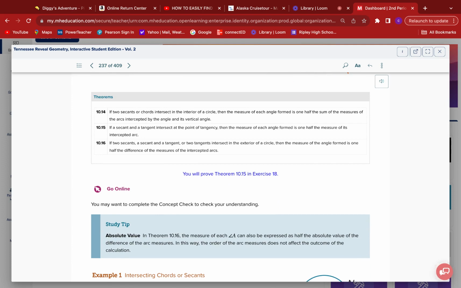We've got some rules here, so we'll go through those as we get through our examples. It says if two secants or chords intersect in the interior of a circle, then the measure of the angle formed is 1/2 the sum of the intercepted arcs.